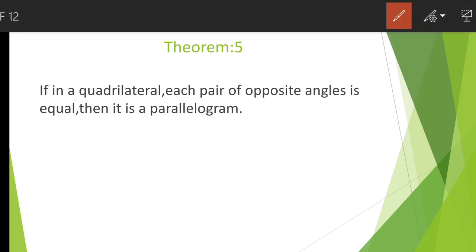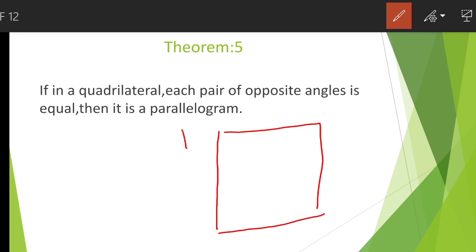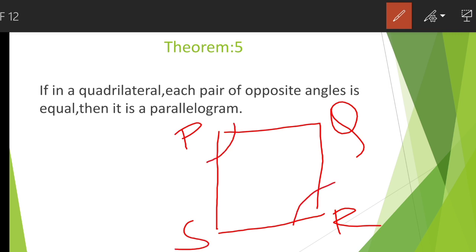In theorem 5, it is said, if in a quadrilateral each pair of opposite angles is equal, then it is a parallelogram. Let the quadrilateral be PQRS. If the opposite angles are equal, then we can say that the quadrilateral is a parallelogram. So theorem 5 is also the converse of theorem 4.